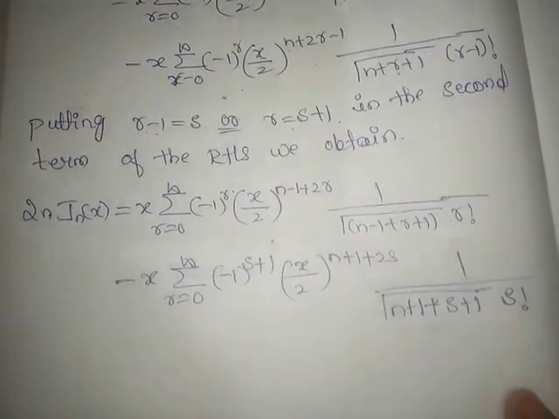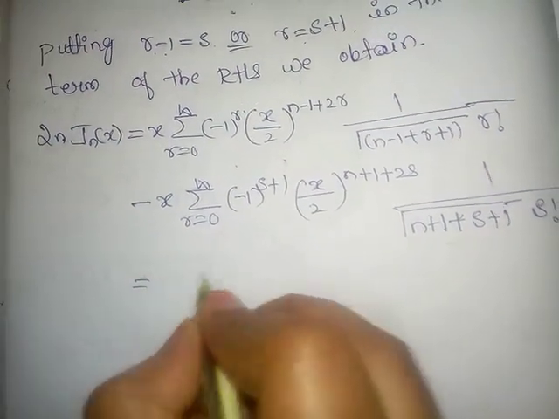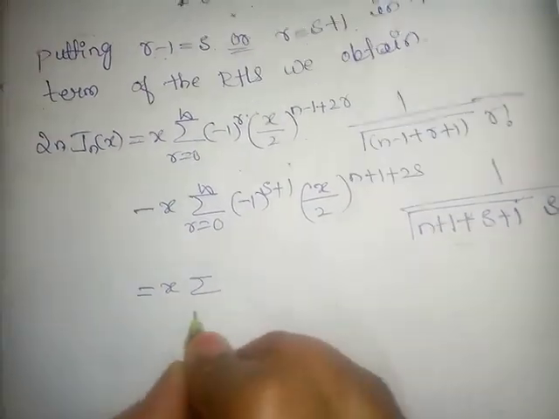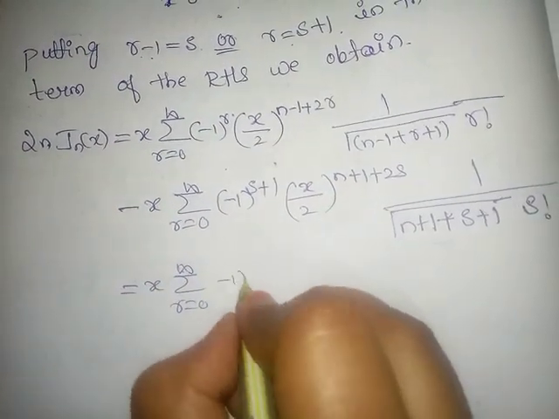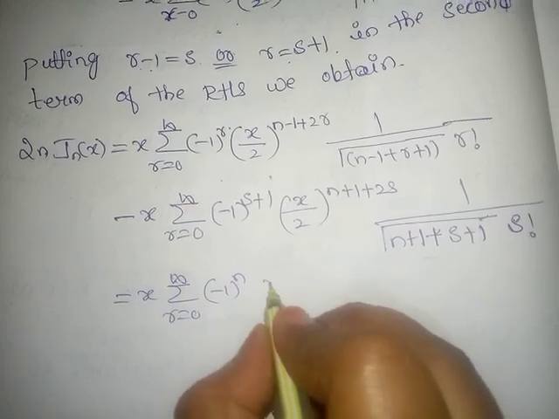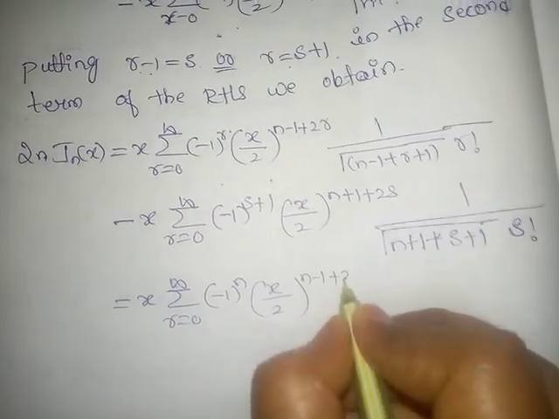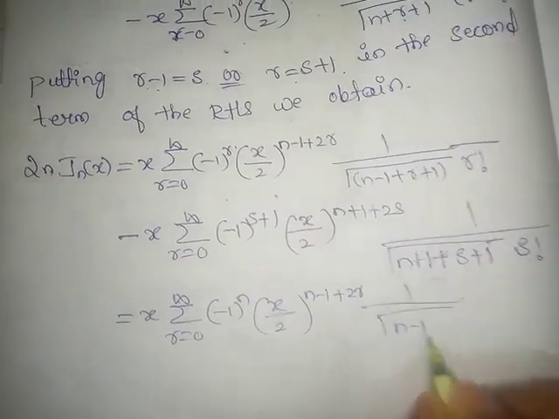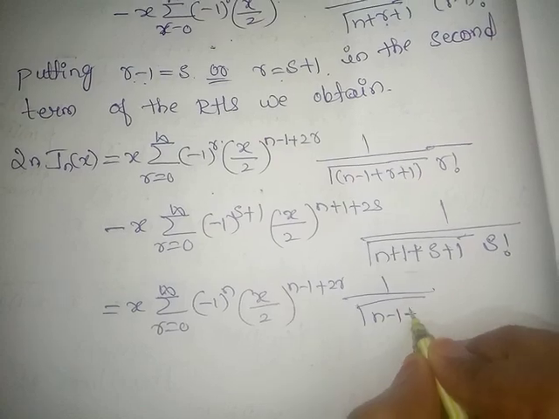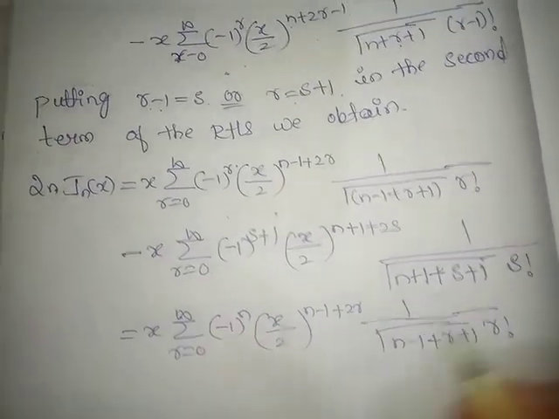So this is equal to x into summation r running from 0 to infinity, minus 1 raised to r, x by 2 raised to n minus 1 plus 2r, 1 divided by gamma of n minus 1 plus r plus 1 into r factorial.